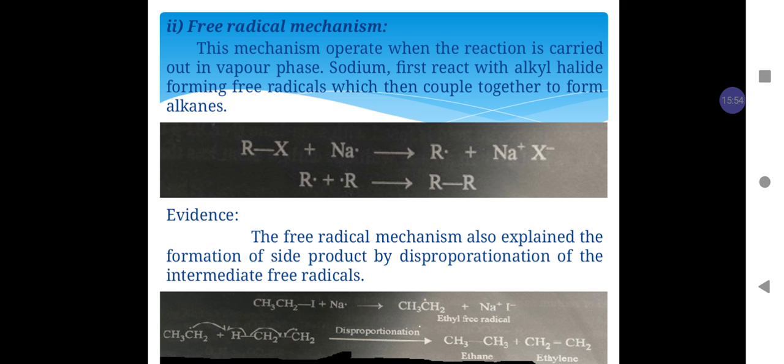In this step, the ethyl radical will abstract a hydrogen radical from the alkane, that is ethane, as shown in the figure, to form ethane and ethylene.